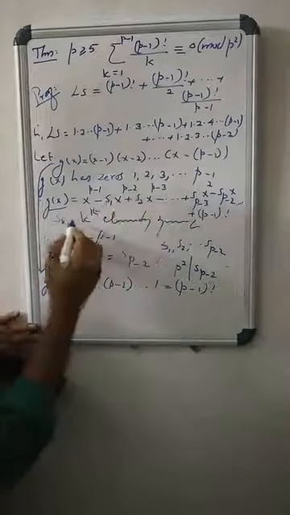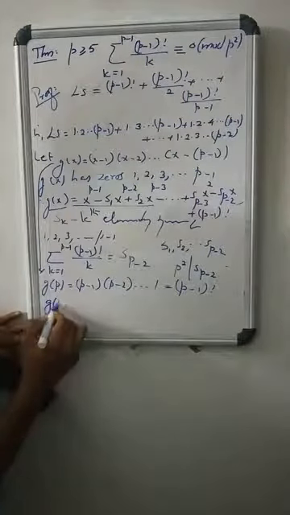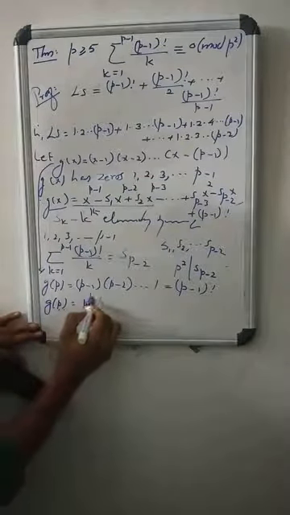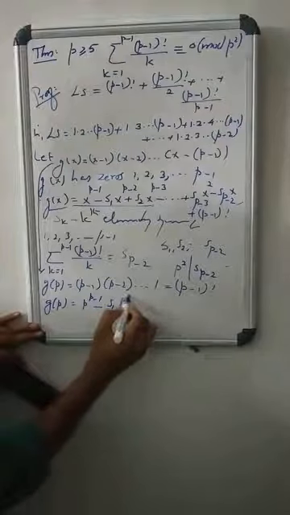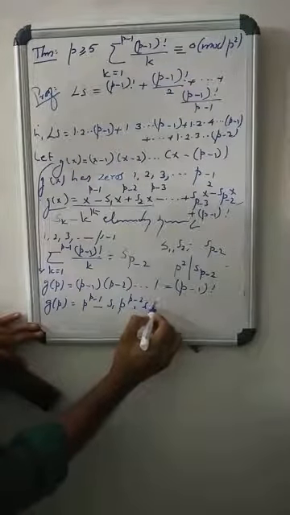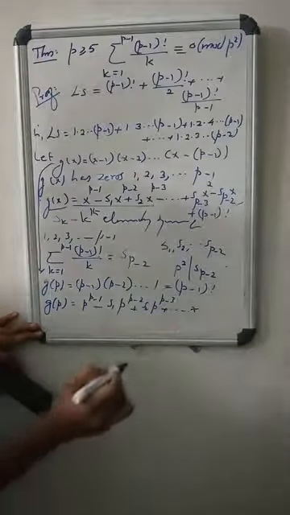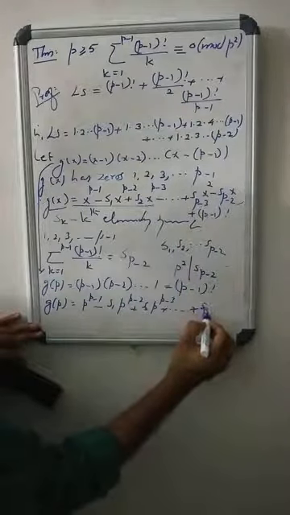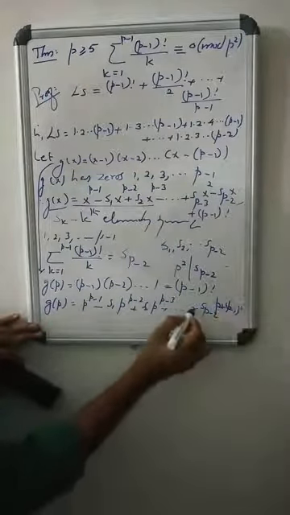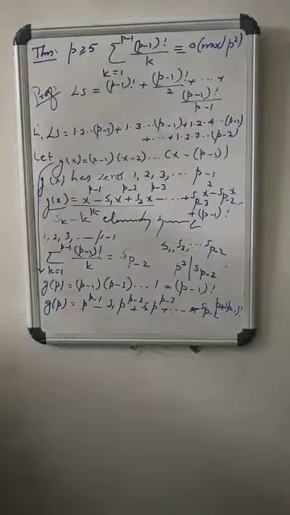But again, from the expansion of g of x, g of p equals p power p minus 1 minus s1 into p power p minus 2 plus s2 into p power p minus 3 plus etc. minus s(p minus 2) into p plus (p minus 1) factorial.